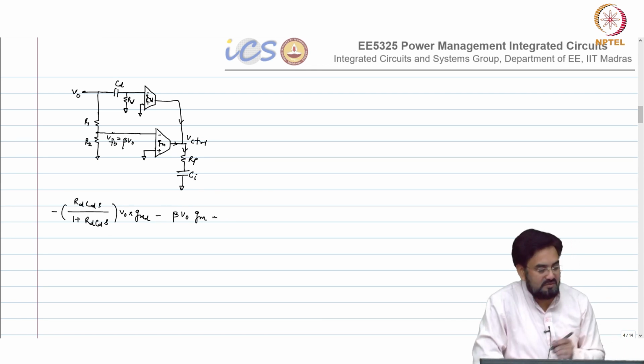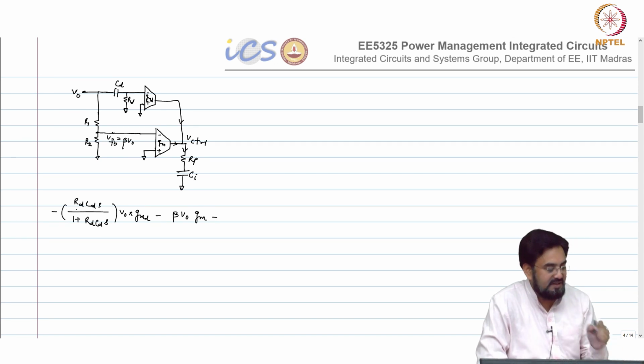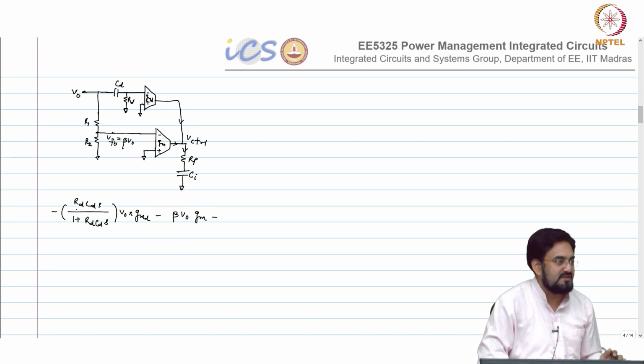Minus, because this is coming at a negative input and the direction is opposite, so if you are taking one minus, the other should also be minus.